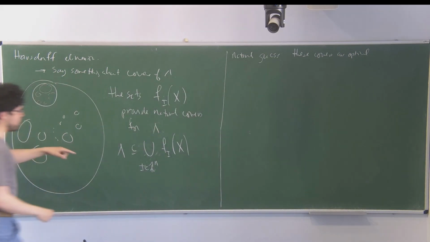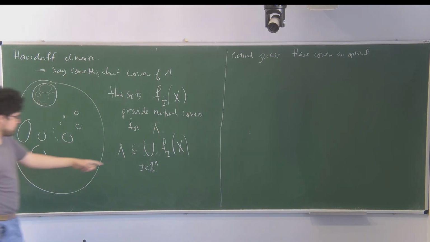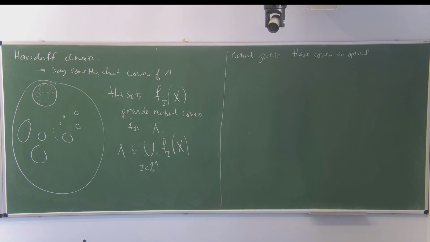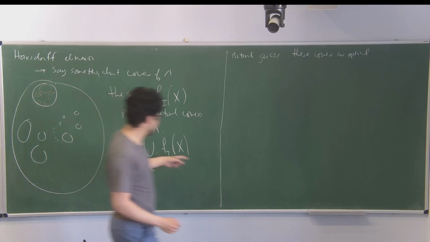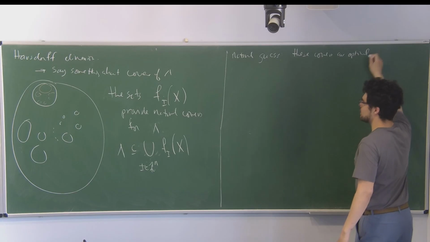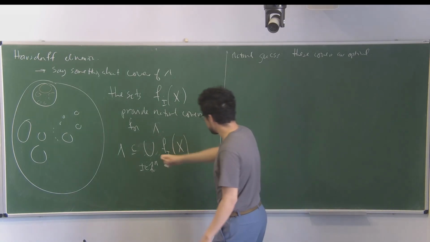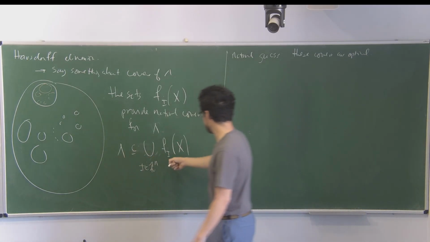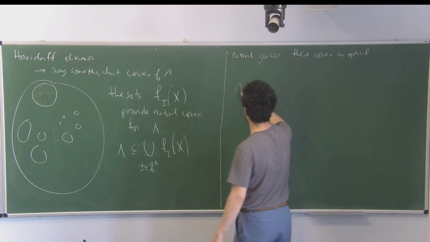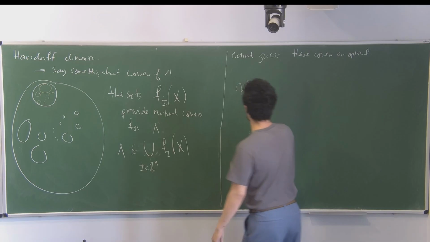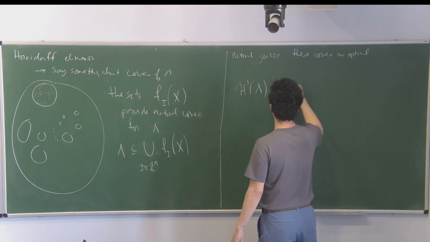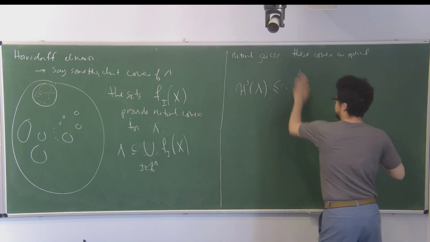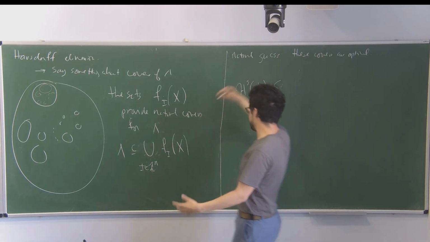Certainly one direction immediately works. The fact that we can use these covers to get an upper bound on the dimension of lambda is not too difficult to show. So let's use these covers and see what upper bound we get. In order to say something about Hausdorff dimension, let's understand the s-cost. The Hausdorff s-measure of lambda is defined in terms of an infimum over all possible covers.